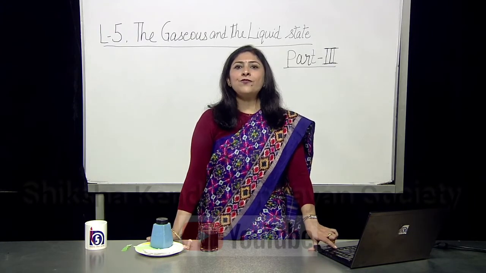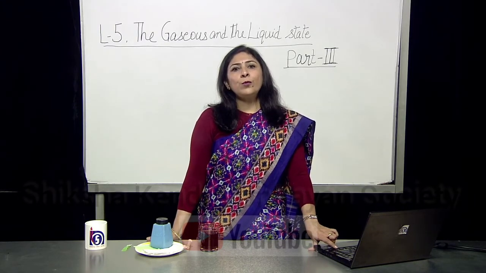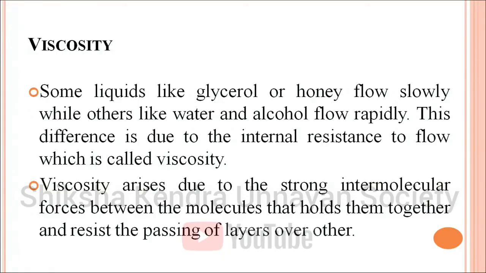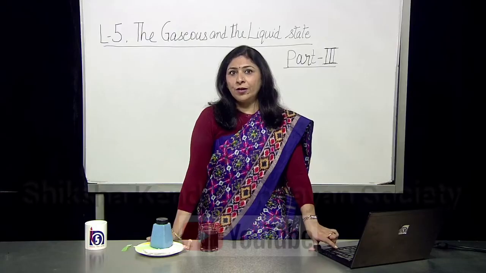Some liquids like glycerol or honey flow slowly while others like water and alcohol flow rapidly. This difference is due to the internal resistance to flow, which is called viscosity. Viscosity arises due to the strong intermolecular forces between the molecules that hold them together and resist the passing of layers over each other.